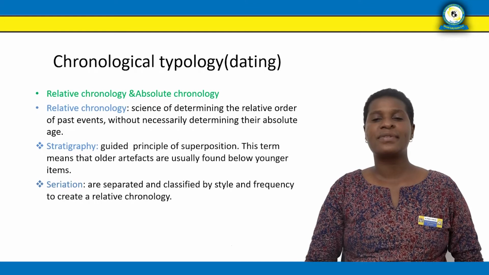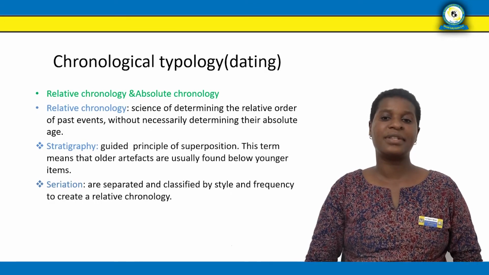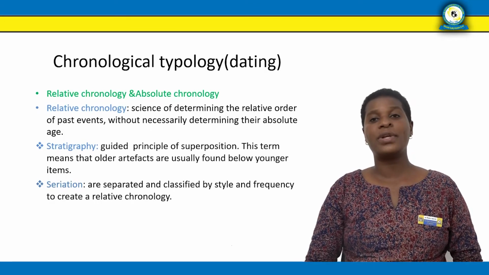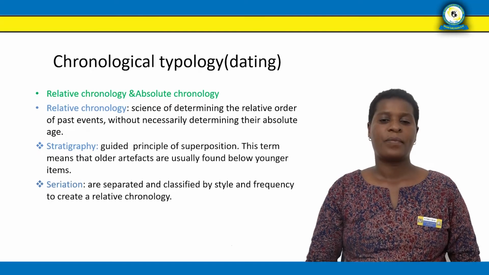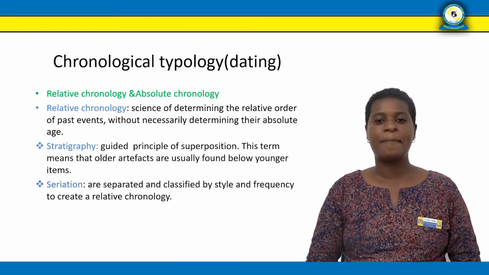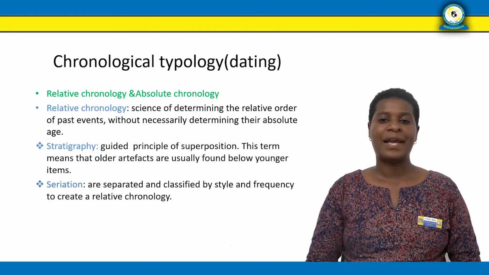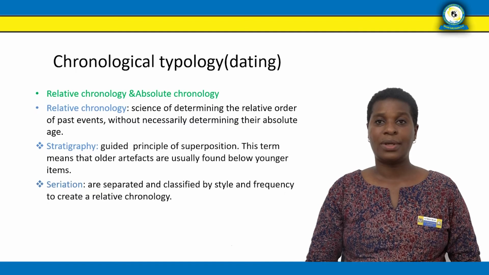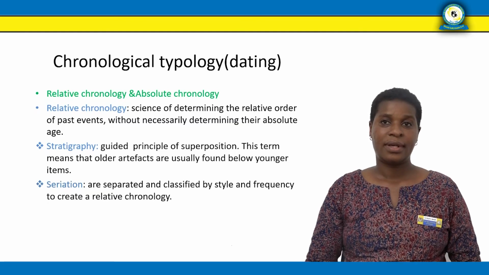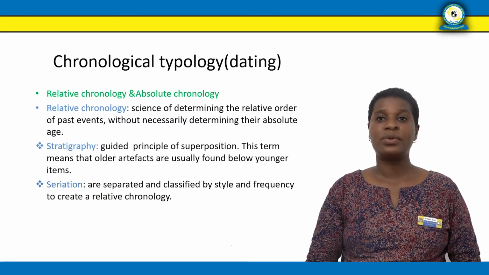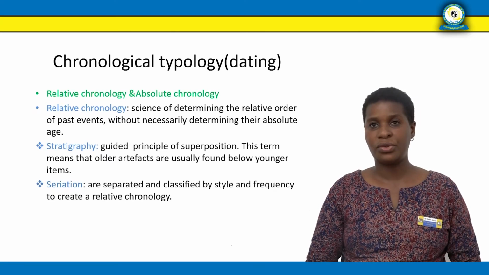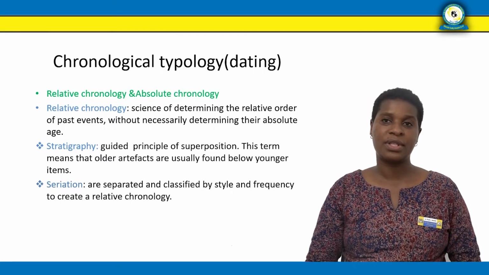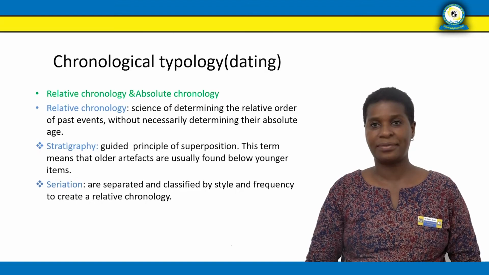Relative dating means the science of determining the relative order of past events without necessarily determining their absolute age. So relative dating does not include the aspect of numerals. You don't mention the age or the dates of the materials. That's why it is called relative.